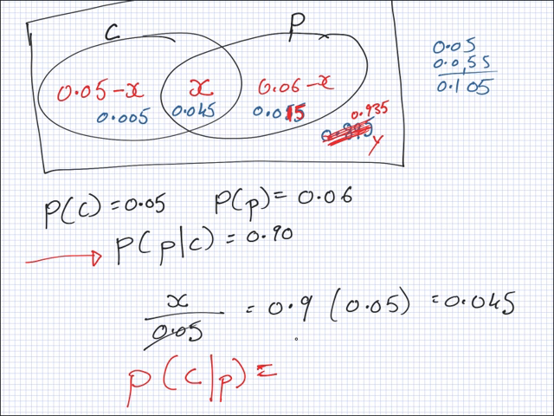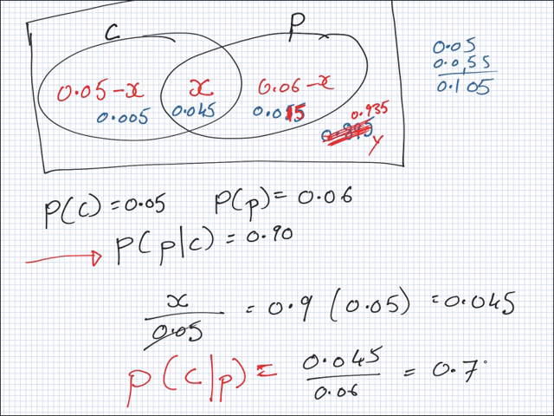Okay, have you got this calculated yet? 0.75? Okay, let's have a look. On the top is cystic fibrosis and pneumonia. That's 0.045, and on the bottom is 0.06. And you're saying this works out to be 0.75.